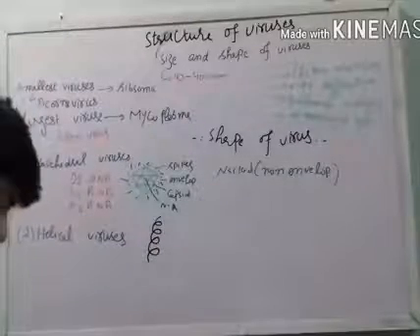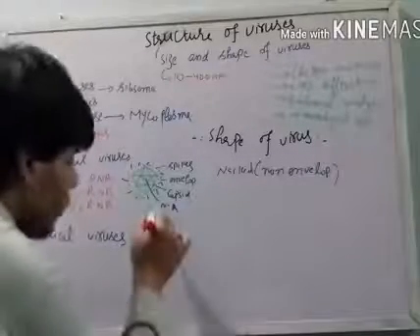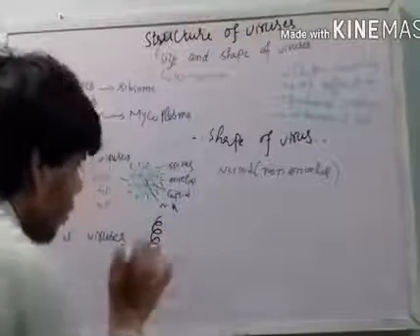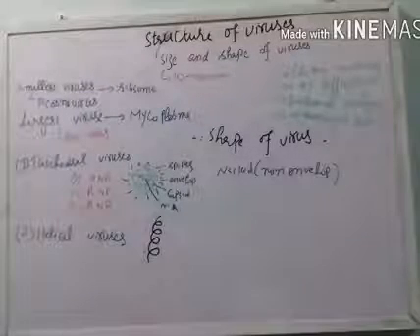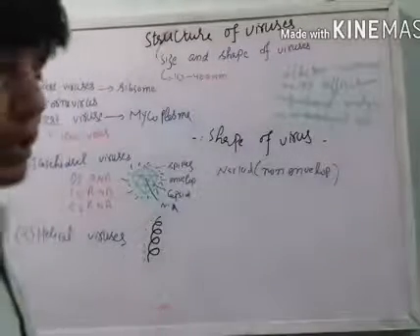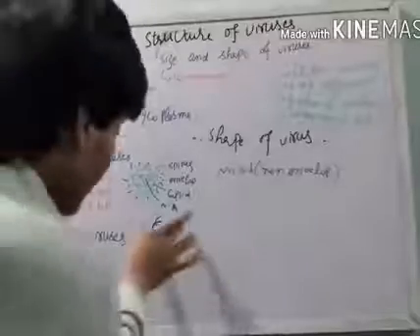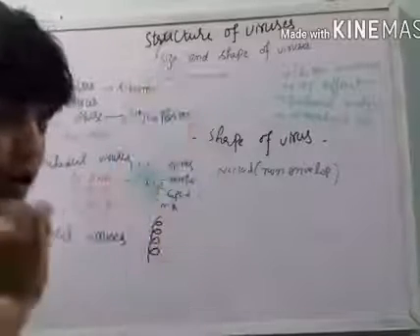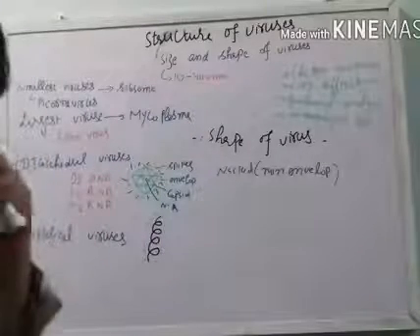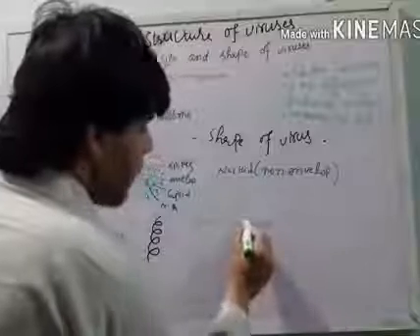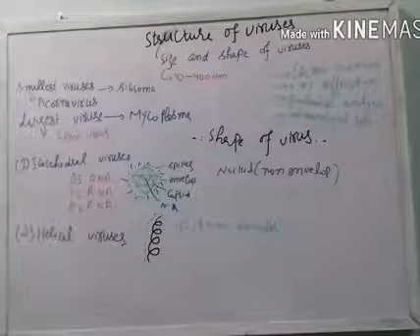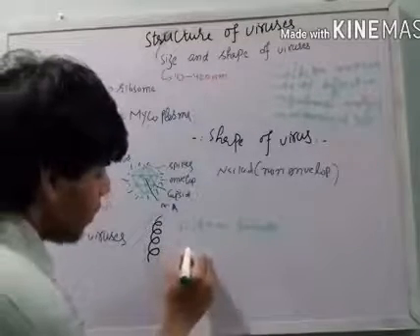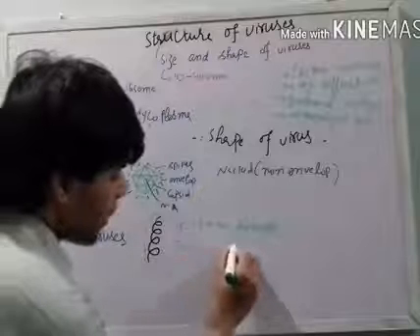They also have an envelope, this dot represents the envelope, or they don't have an envelope. They look like a long rigid tube. They have a diameter of 15 to 18 nanometer, and their length will be 300 nanometer.